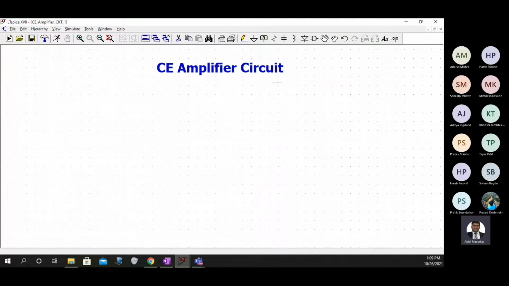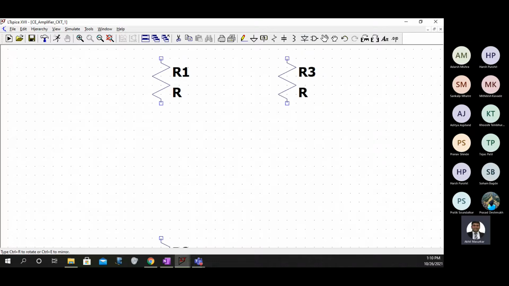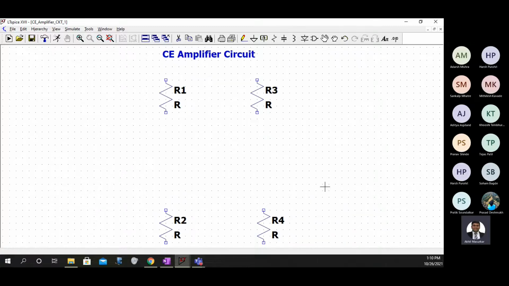So anyway, you will have the CE amplifier circuit. Now from the diagram, it's clearly visible that we require 4 resistances. So I'm just putting it this way.